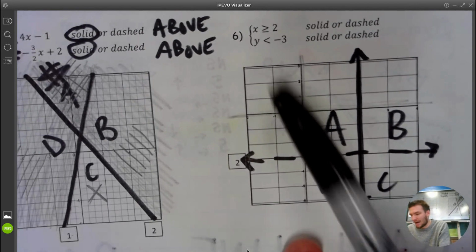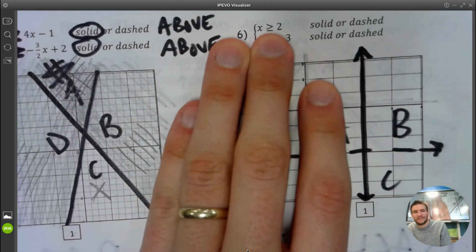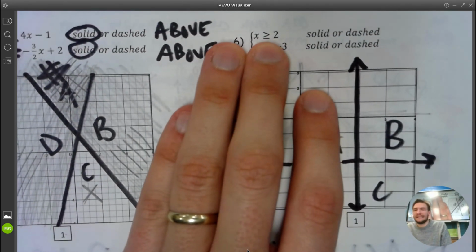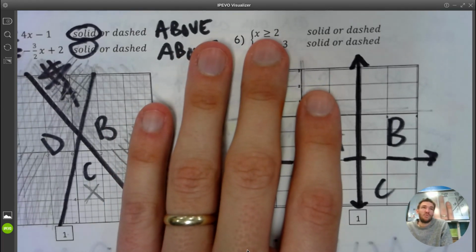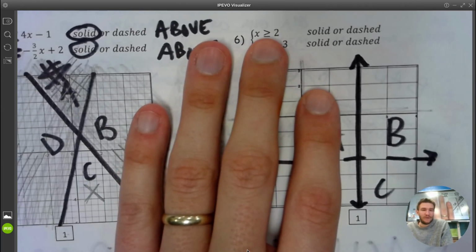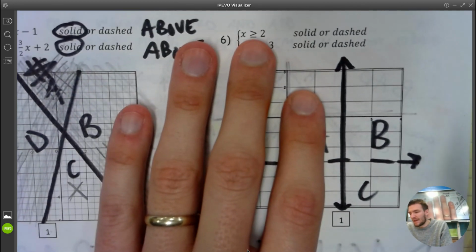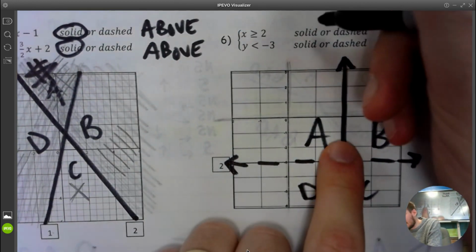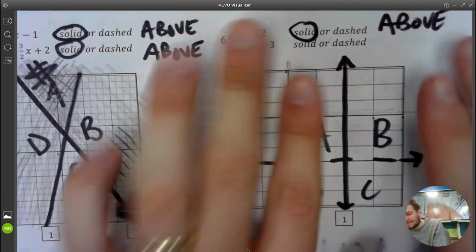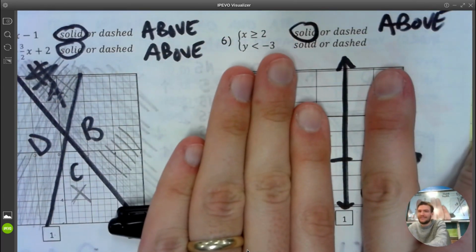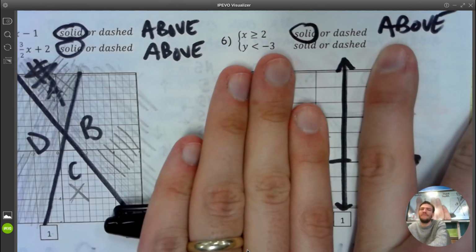And let's talk about the top one, line 1, first. Line 1 is a vertical graph. These are the hardest ones, sort of. They're not really that hard if you remember how they work. Okay? We need to shade this solid above. But with this vertical line, it's hard to shade above the line.